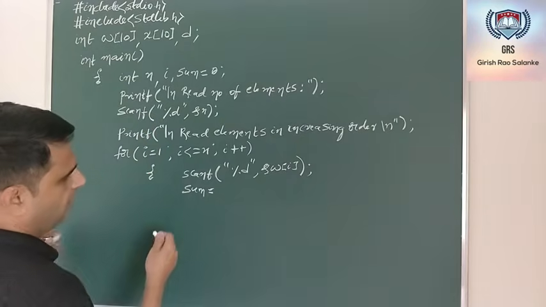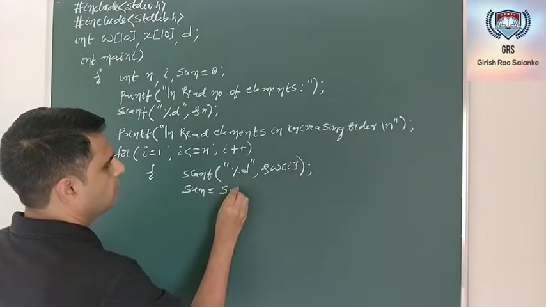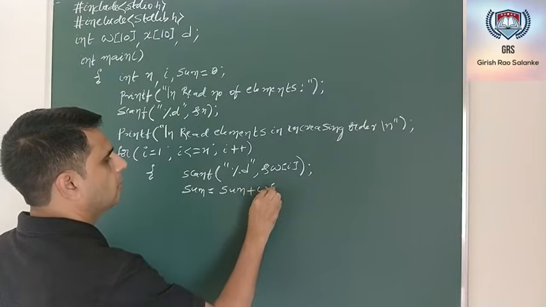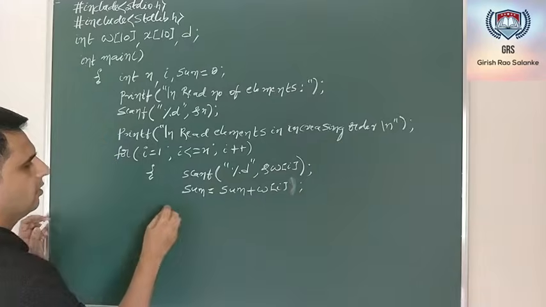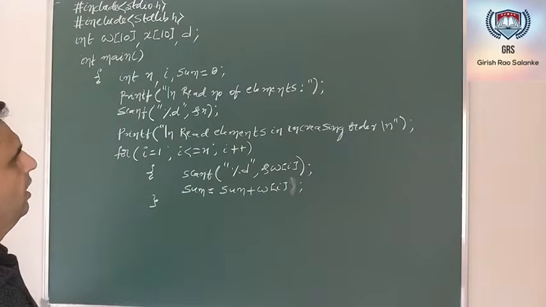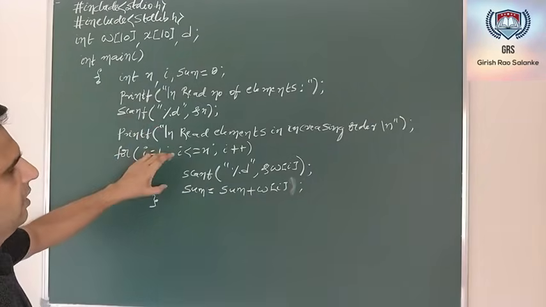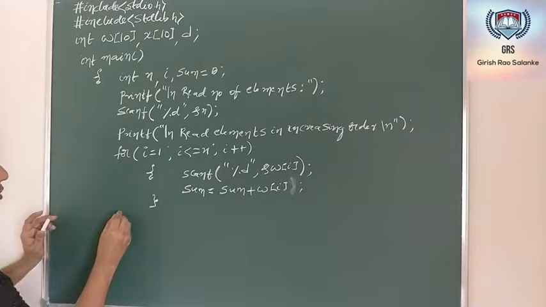Sum is equal to sum plus w of i. So I have read the number of elements, and I have read the elements in increasing order.